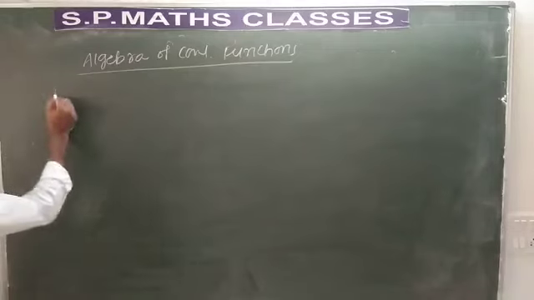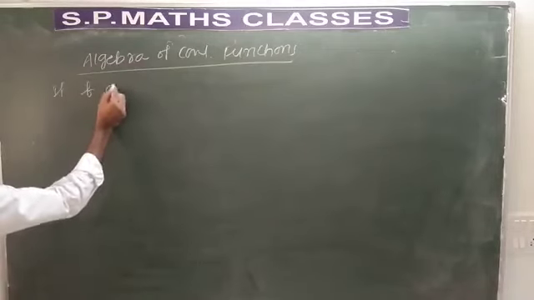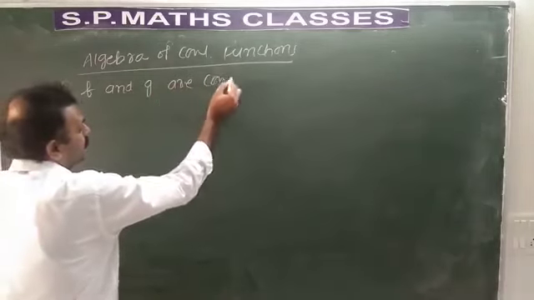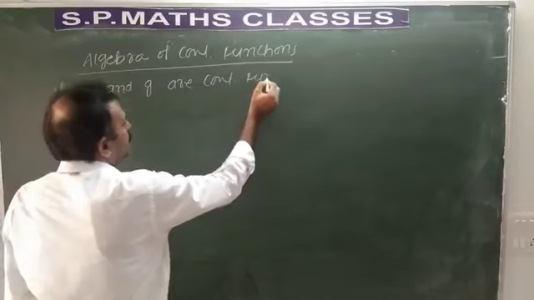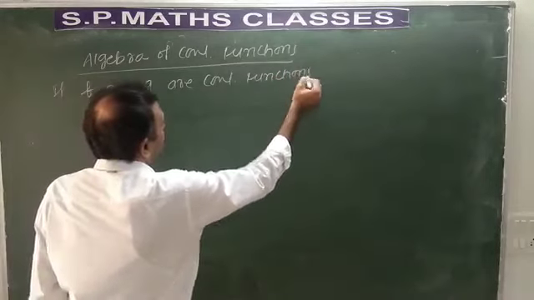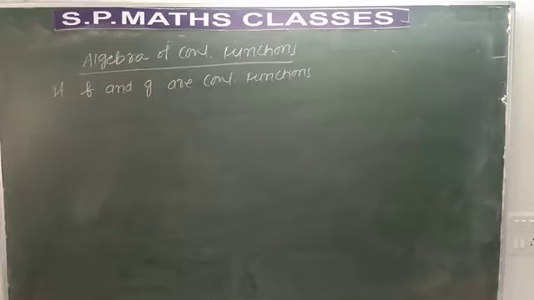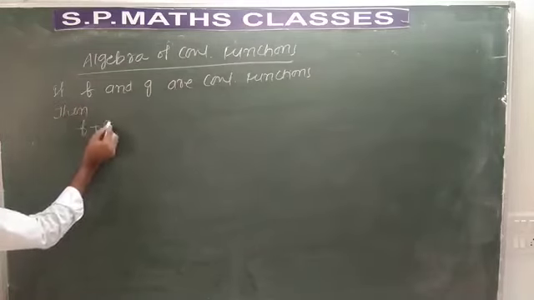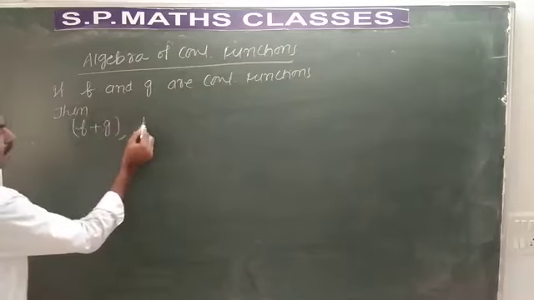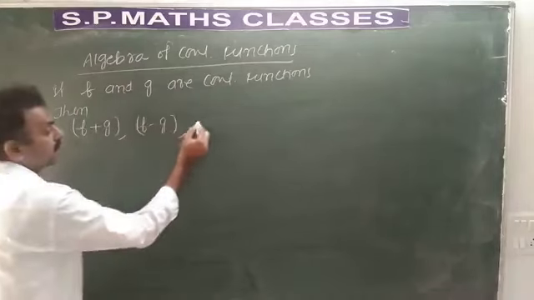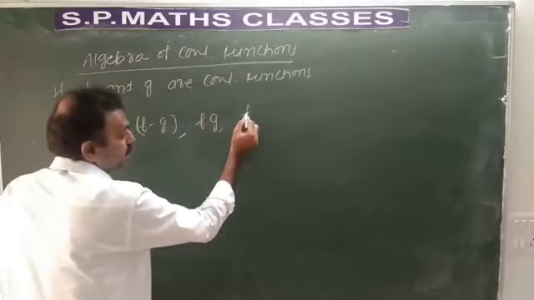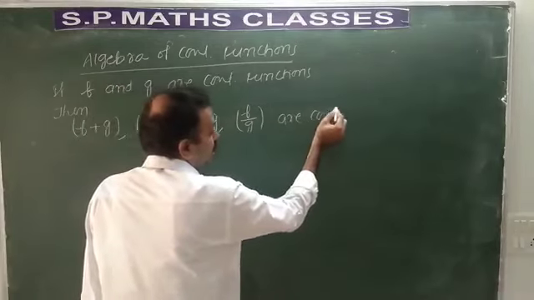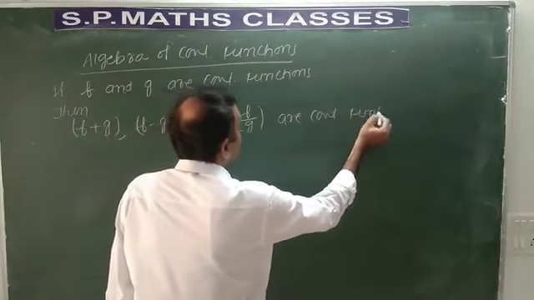So, if f and g are continuous functions, then f plus g, f minus g, f into g, f divided by g are continuous functions. You can easily prove it.